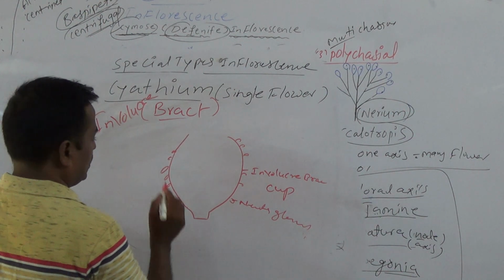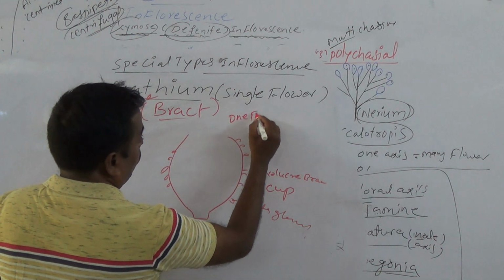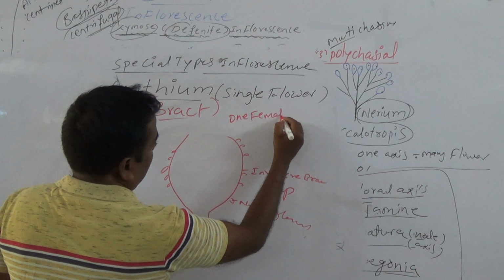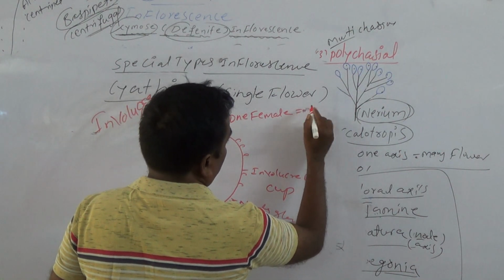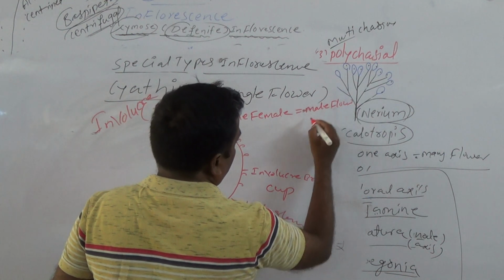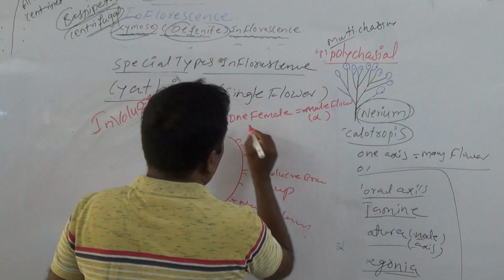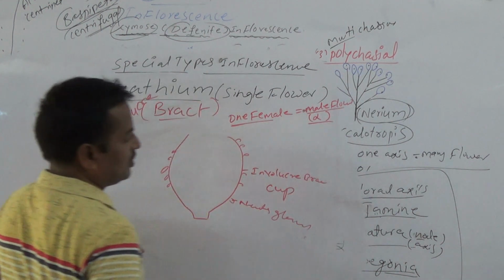there is one female flower. Students, very important. Many males. Male flowers are many. One female, many males. Are you clear?